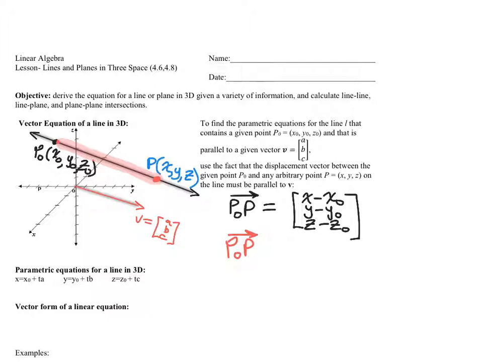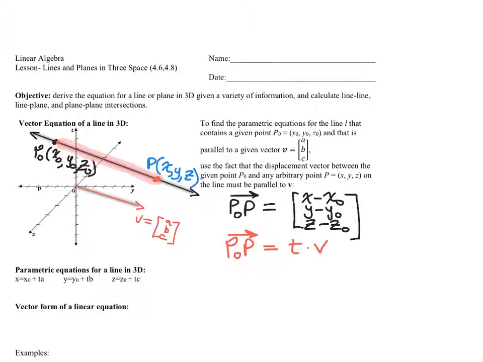C is already taken. The k value is the preferred one, but if t is going to be in any parametric equation anyway, then why not just use it right from the get-go? All right, so I can look at this as POP is equal to t multiplied by v. All right, so that would be the scalar product of t and v.